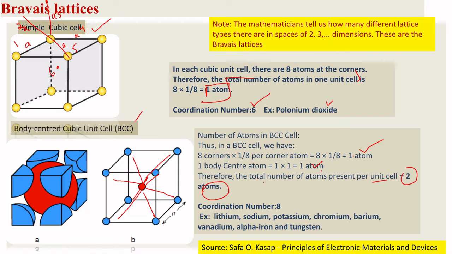These are familiar metals which have the BCC structure. So what you want to understand is that the number of atoms in one unit cell is 2 and the coordination number is 8. These are the two things you want to understand in every structure. The possible metals I have listed in the example.